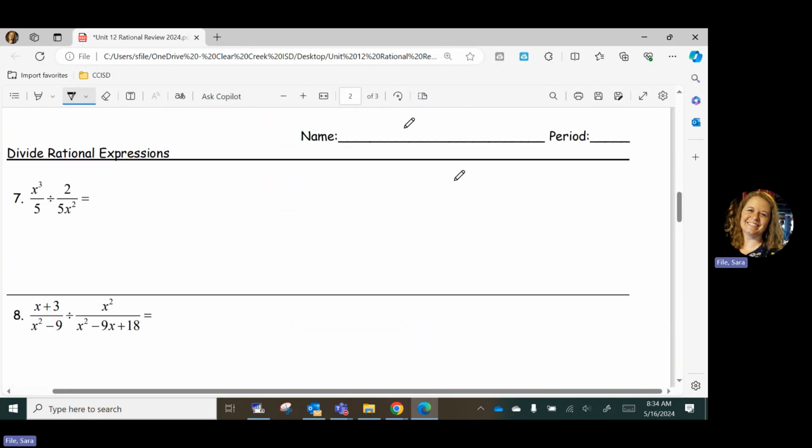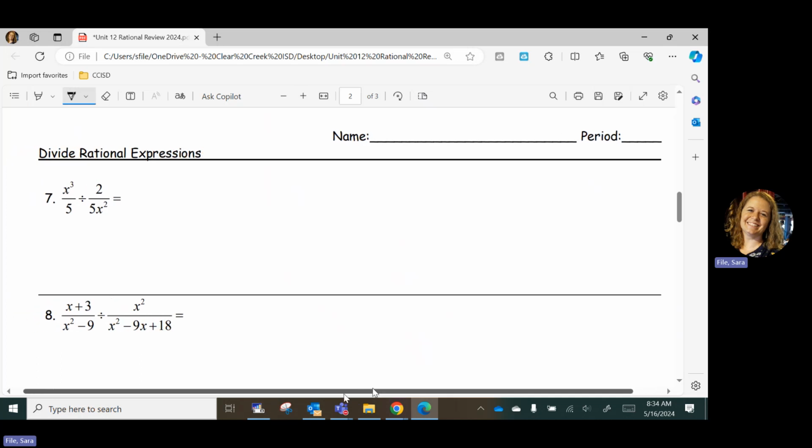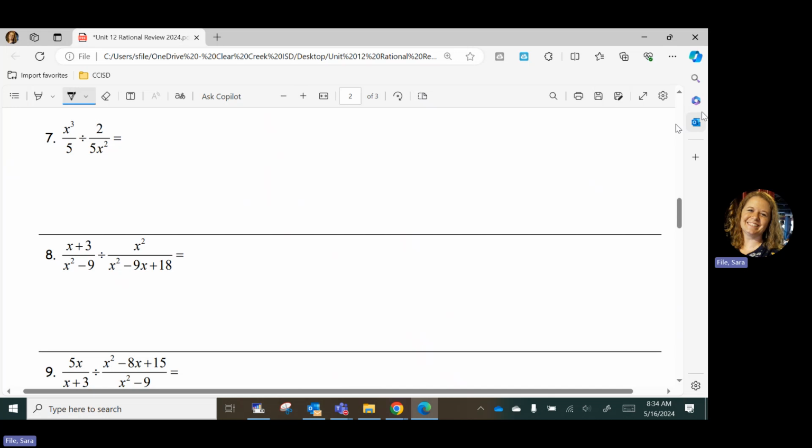If we flip over to the back side now, we're getting into dividing rational expressions. Okay, so dividing rational expressions, we have to remember we do not need a common denominator to multiply and divide. We just need that to add and subtract.